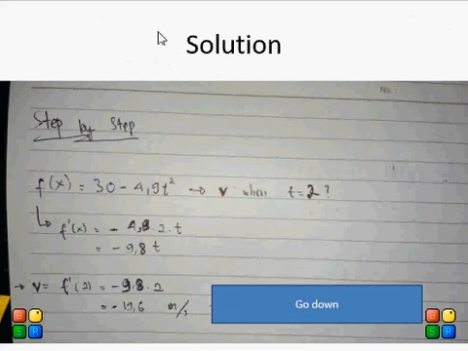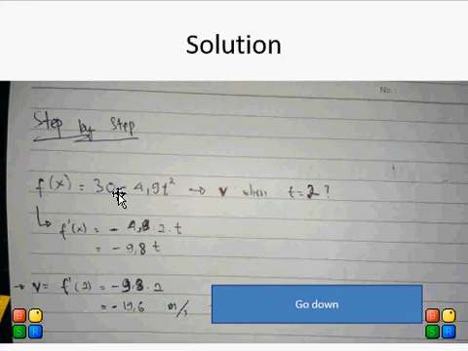We write the function f(t) equal to 30 minus 4.9 times t squared, and then we use the simplified formula for differentiation.